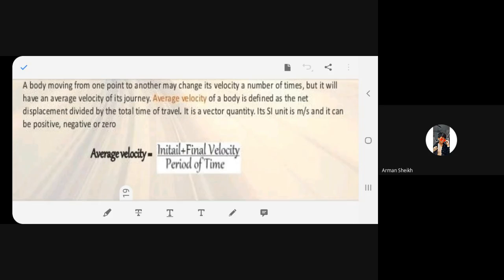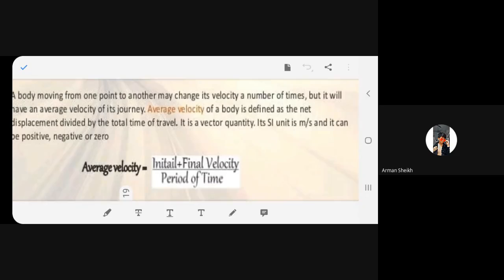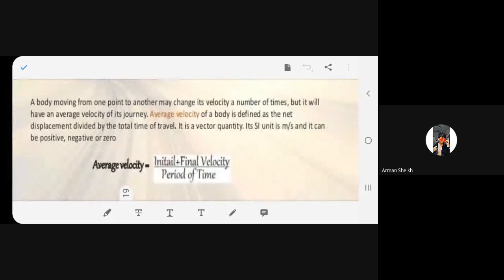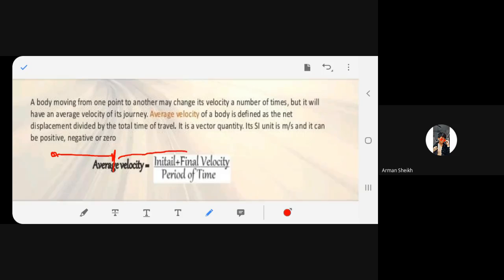Say a vehicle is moving at a uniform speed and then it stops. Then it speeds up. Then it slows down. Then the tire gets punctured. Then we repair it, again we start, again we stop, and then we finally reach the destination.